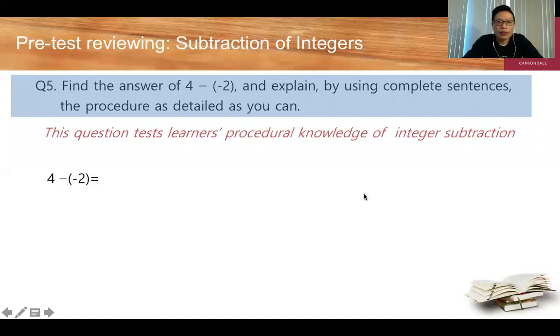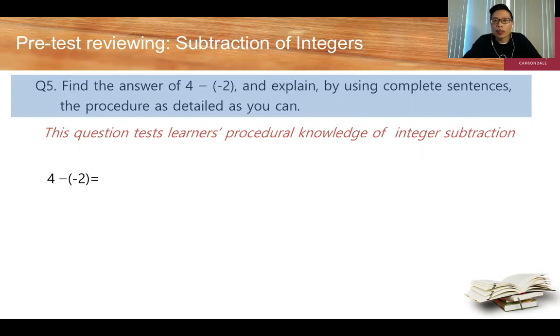We know that this question tests the procedural knowledge of integer subtraction. And we found that the odd number questions in the pretest, like question 1, question 3, and question 5, are questions of procedural knowledge.